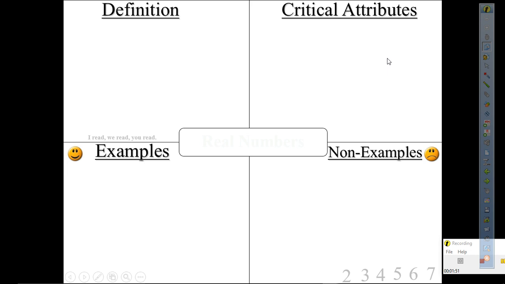And without looking at your notes, see if you can fill out the Frayer model: definition, example, non-example, and hashtags. I'll give you some time for that. Ready, go. On your own, please.